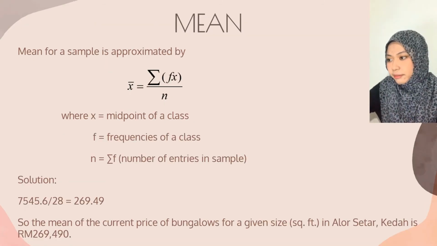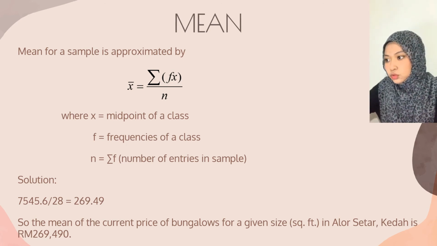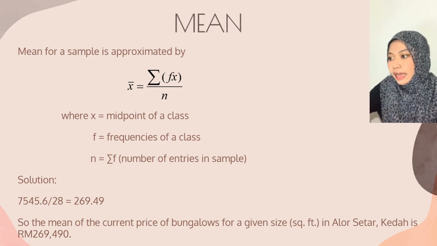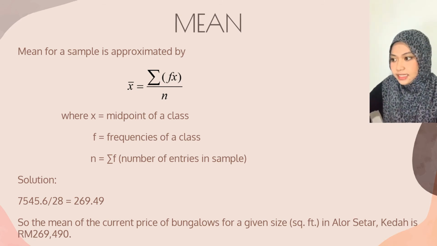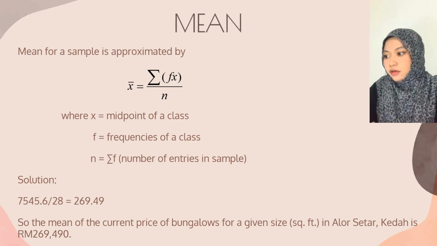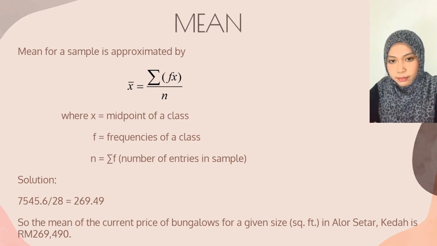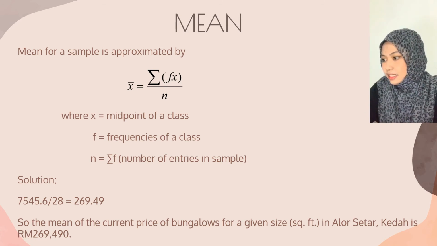Mean for our sample is approximated by x bar equal to total fx divided by n, where x is the midpoint of a class, f is the frequency of a class, and n is the number of entries in the sample. So for this calculation, we need to take 7,545.6 divided by 28.